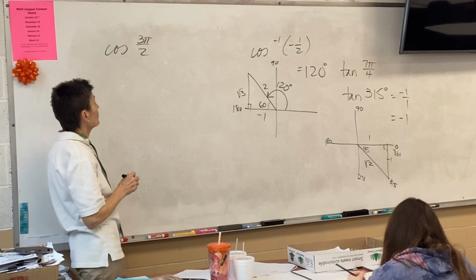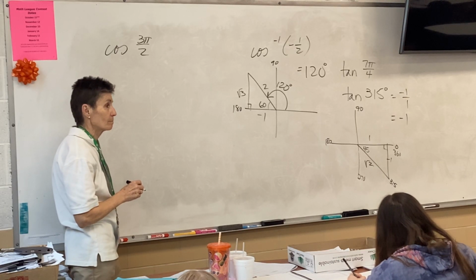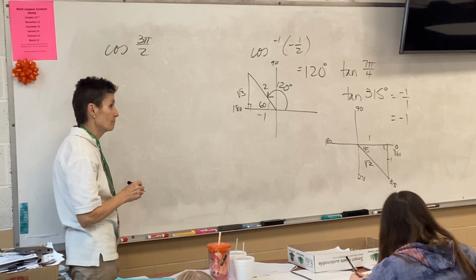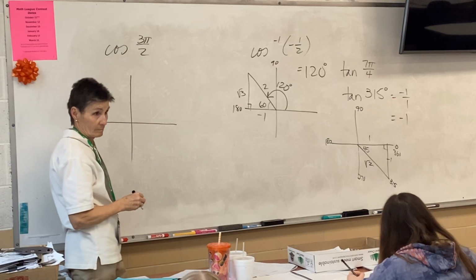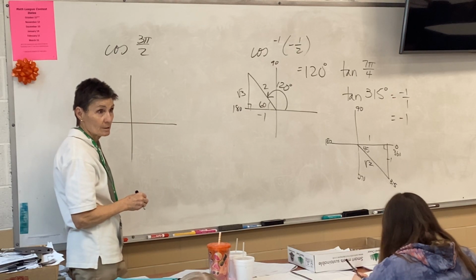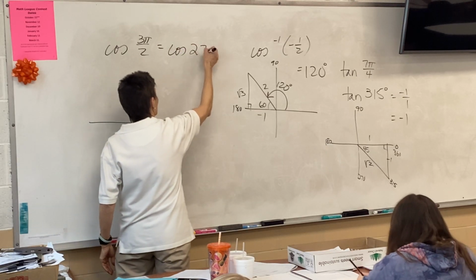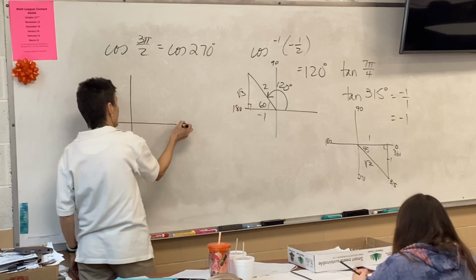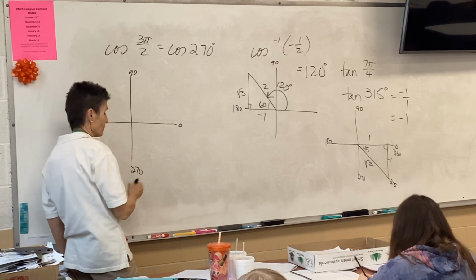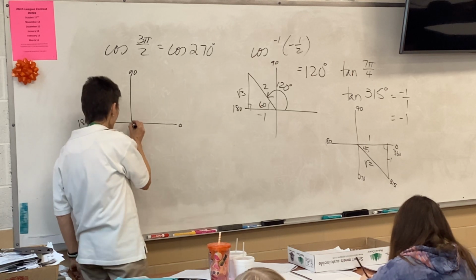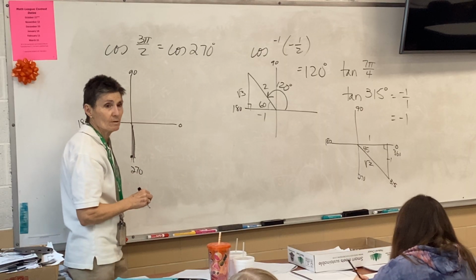All right. Cosine 3 pi over 2. Step 1. Change it into degrees. So 3 180s divided by 2, that's going to be, what'd you say, 270? Yes. Uh-oh. What is special about 270? It's on the line. This is my angle right here. Straight down. What do I do?